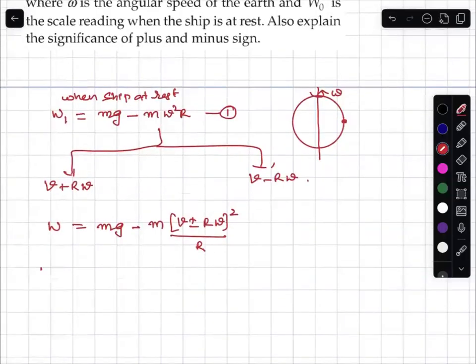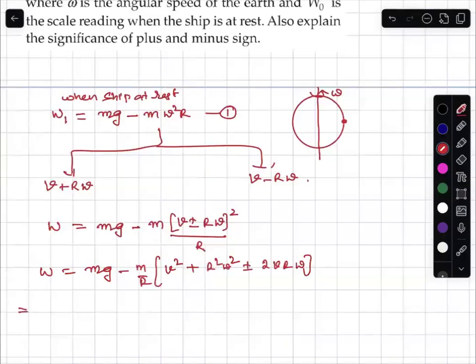Now W is equal to mg minus m by R times V square plus R square omega square plus or minus 2VR omega.